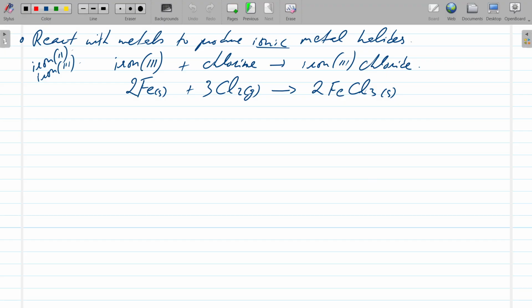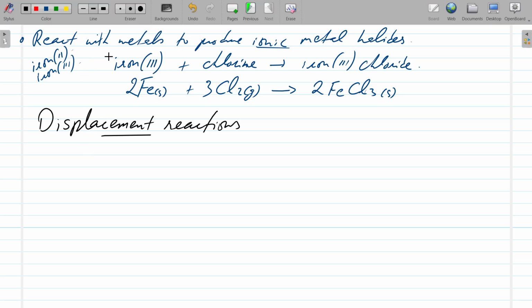So continuing with group 7, there's something unique that's happening with group 7, and that is displacement reactions.